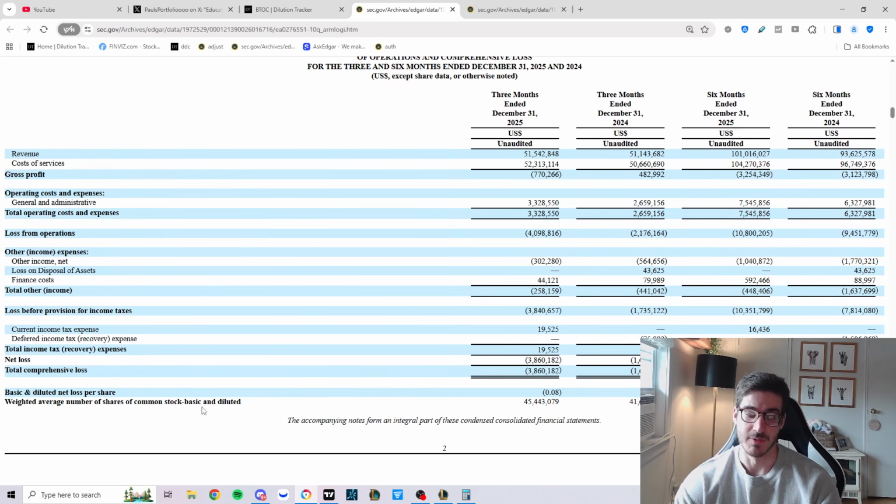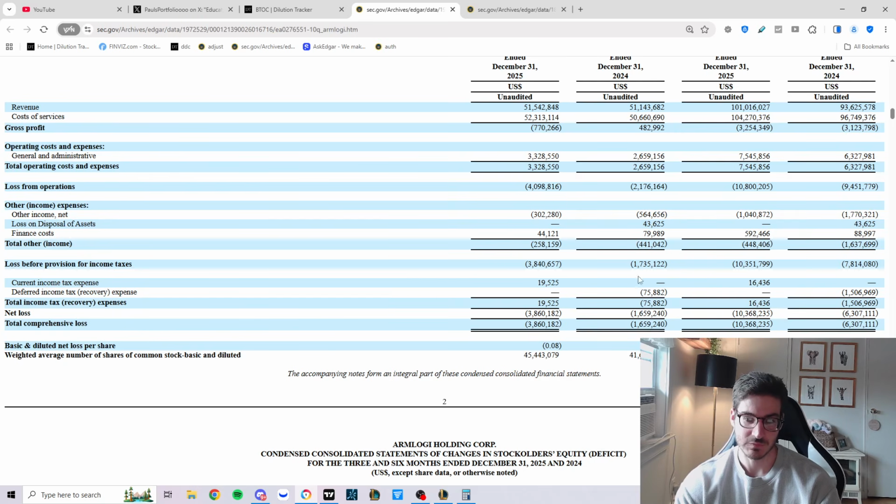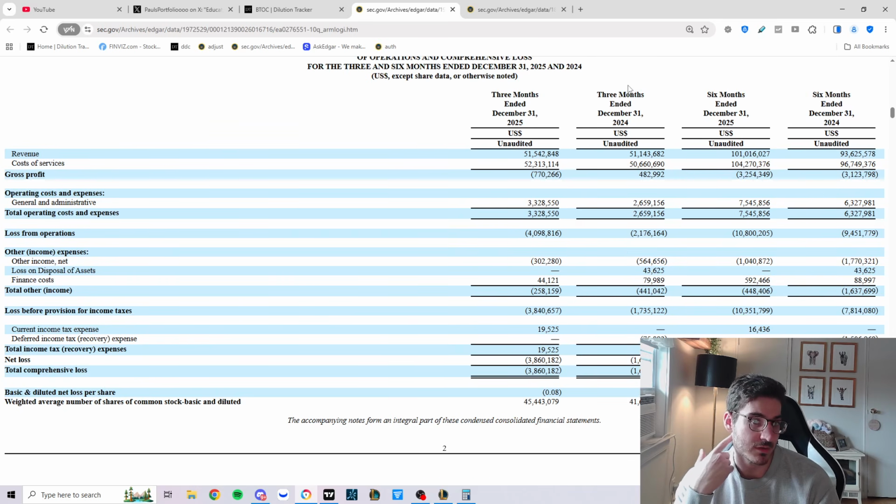So this is really the most accurate way to look. For the period ending December 2024, the shares were 41,642,000, and a year later it was 45 million. So they've only diluted a little less than 4 million shares, like 3.5 million, in over a year, which is nothing. Broken down per month, that's like 200k shares. It's not a lot, right?